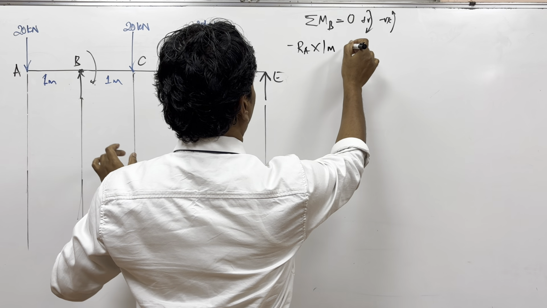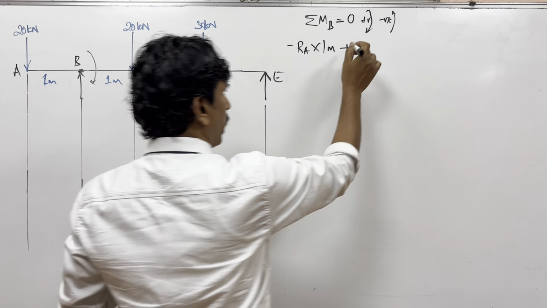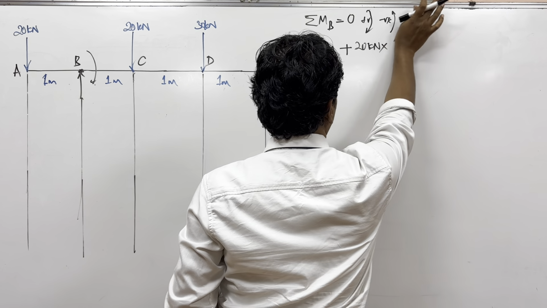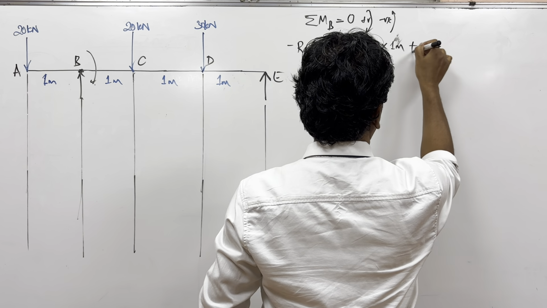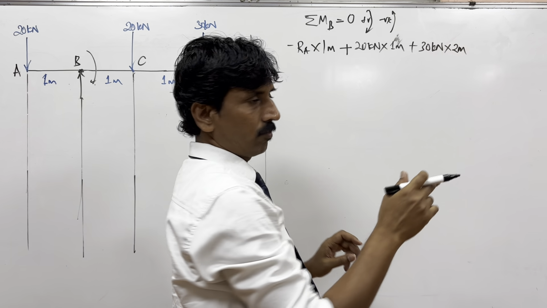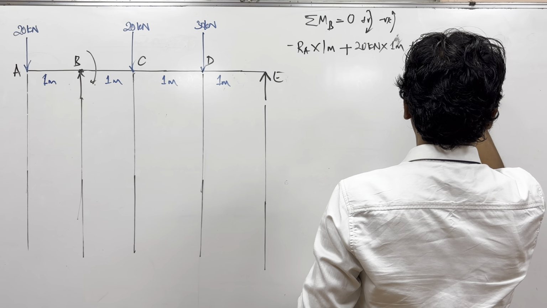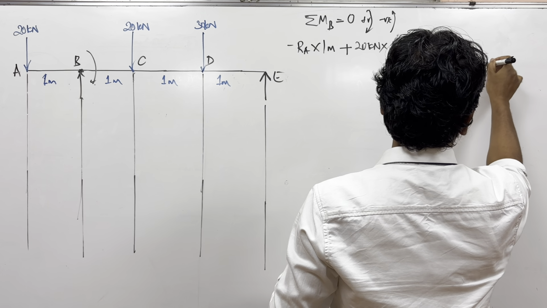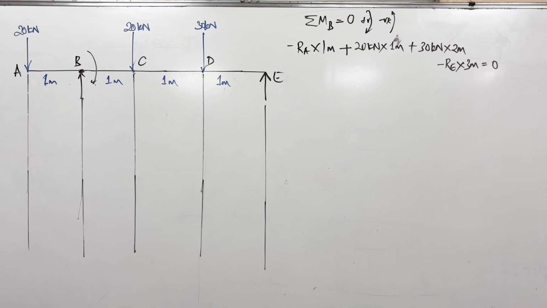Then plus 20 kilonewton into 1 meter, and again plus 30 into 2 meters. Is this visible? Yes. And then minus RE into 3 meters is equal to 0.